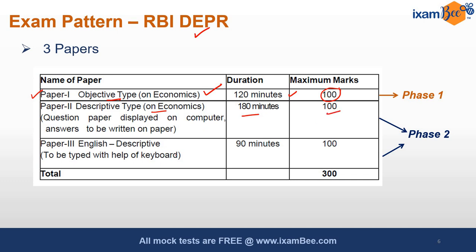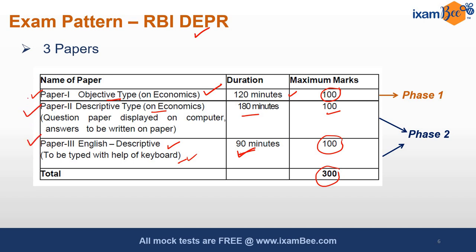Whereas paper 3 is an English descriptive type again, but here you have to write the answers with the help of the keyboard. So you basically type your answers in this examination, and here you are given 1.5 hours, and it's again of 100 marks. So the total of written is 300 marks, and all of them are counted in the final selection.